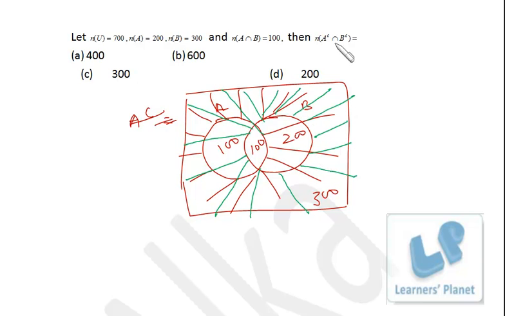Now A complement intersection B complement. We have to find the area that has the maroon line as well as the green line, right? So that is this area, outside both the circles, which has a maroon line and a green line. So that is actually 300. So the number of elements in A complement intersection B complement will be 300.